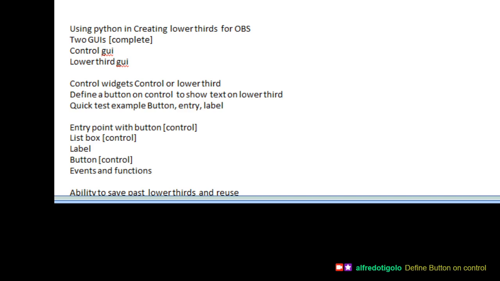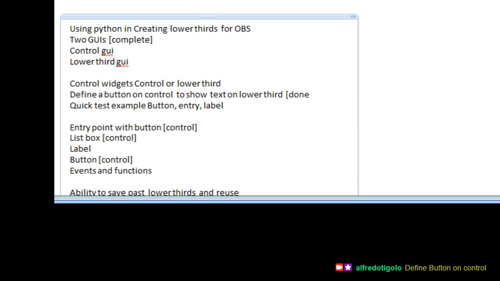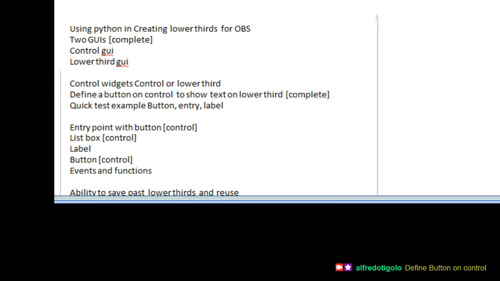So we already defined the button and show text in the lower third. Got that done. Or not done, completed. So what we did was define a button on control to show text on lower third.